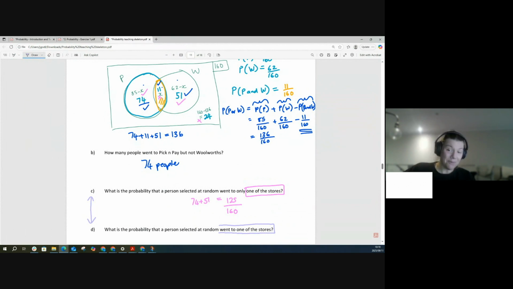So what's the probability that a person went to one of the stores? We have 136 out of 160. And the key difference between these two questions was that this one said only, and the other one did not.